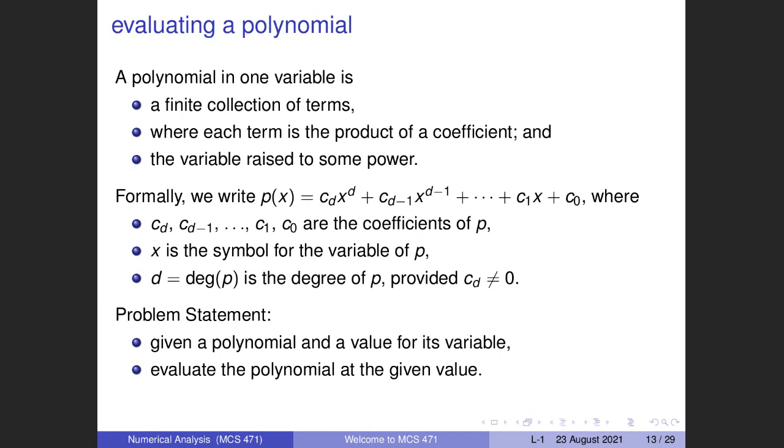And now we can state the problem. We have a polynomial given. We also have a value for x. And then what we want is the value of the polynomial at that value for x. Here it is again stated in words, but this is important.